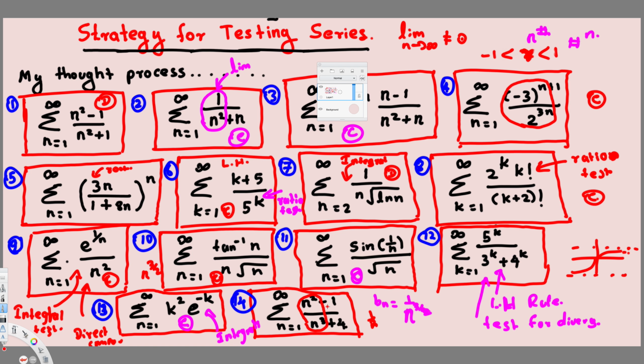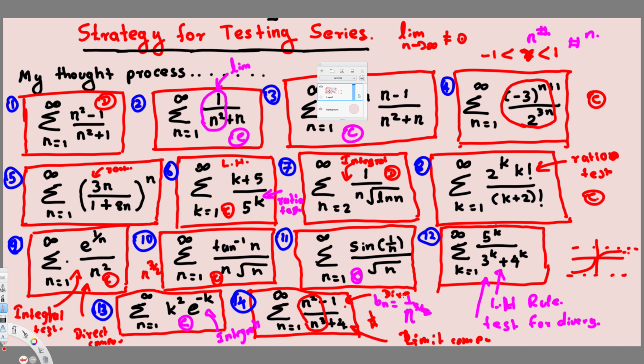And here you can use the limit comparison test, and if you do the limit comparison test, you will get that this series is also divergent. Or you can show in direct comparison that 1 over n is smaller than this one, so you can do the direct comparison too. Both of them are possible, limit comparison and direct comparison.